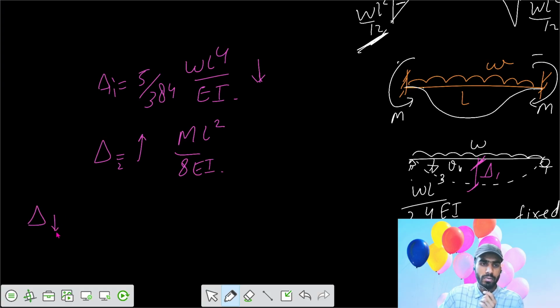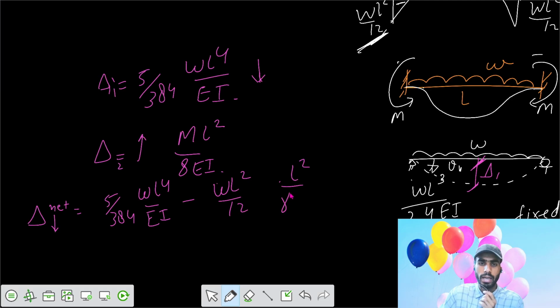Then we can write delta final at the mid equals 5 by 384 WL to the power 4 by EI, minus M, whose value was WL square by 12, times L square by 8 EI.